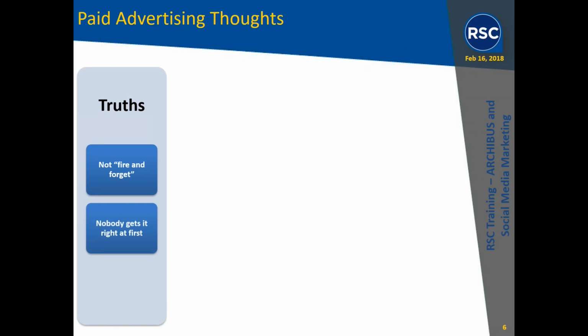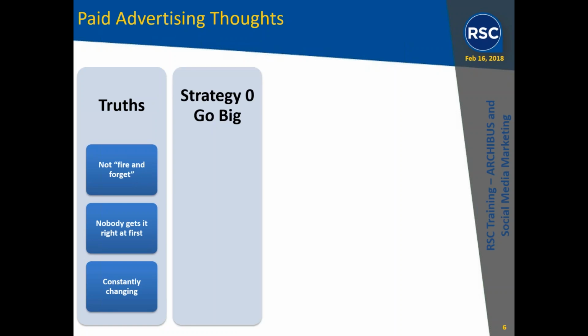Nobody gets it right the first time, so you make your best possible guess and you start your advertising and it doesn't work, and you have to figure out why and you have to adjust it. It's constantly changing. The way Google does its scoring, the way Google allows you to target people, the way other ad exchanges allow you to target people, the kinds of ad exchanges that you can use, all of that stuff is constantly moving.